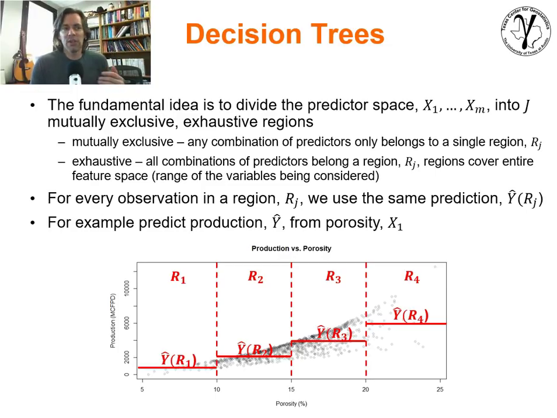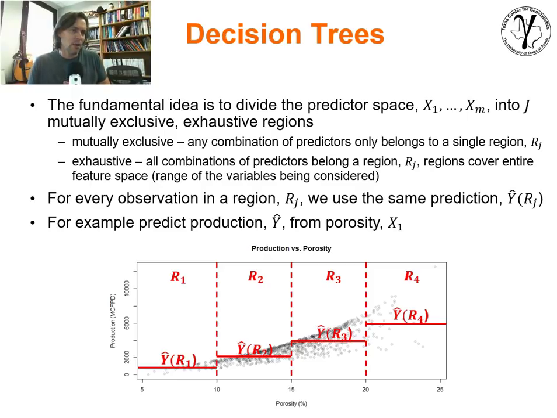Why do we say mutually exclusive? For any combination of observed predictors, that one data point will only belong to one single region. The regions cannot overlap with each other. Exhaustive: all combinations of predictors that are possible will belong to a region. The regions cover the entire feature or predictor space.